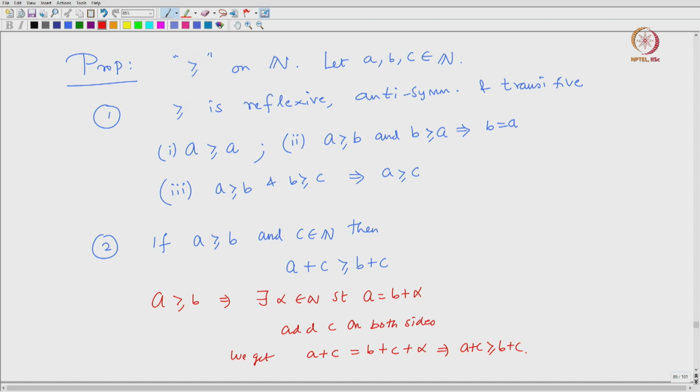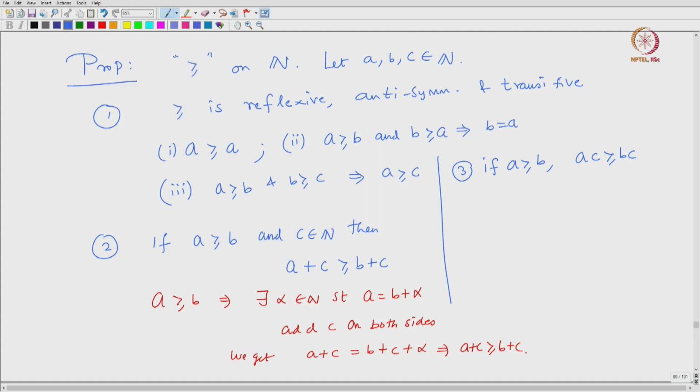Now, what is the third statement? Again, the multiplication is also preserving the natural ordering on N. That means if a is greater than or equal to b and c is a given natural number, then ac should be greater than or equal to bc.